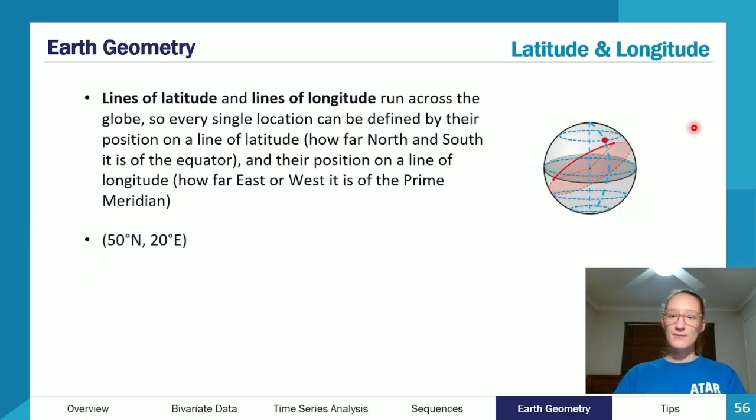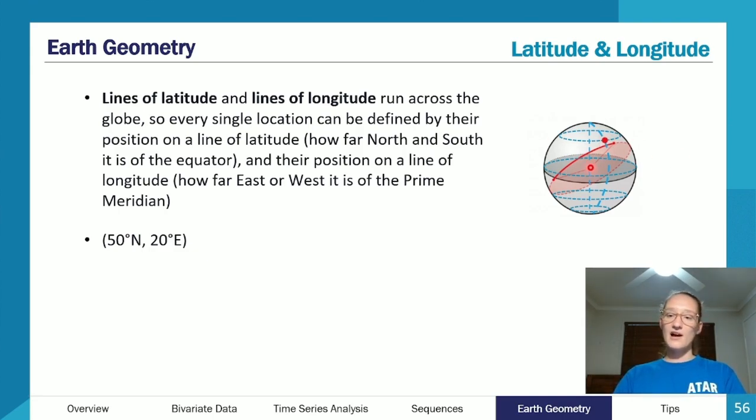This one, for example, I've said is about 50 degrees north, whereas in reality that's probably more like 75 degrees north, and about 20 degrees east. So you can see how the overlap between latitude and longitude is how we get our coordinates. That's really cool to be able to see visually there.